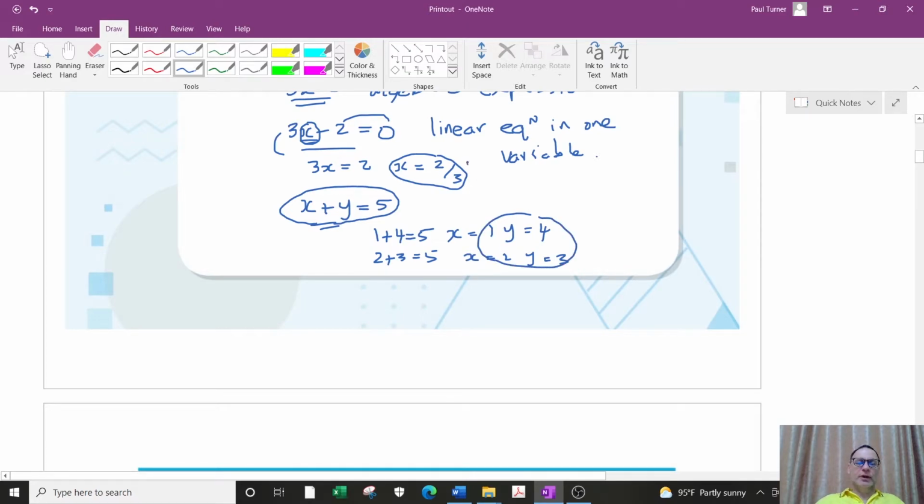In this example, we only had one answer. We had one variable, one equation. But in this case, we have two variables, but still only one equation. So we have multiple answers for the question. And we'll look at that next.